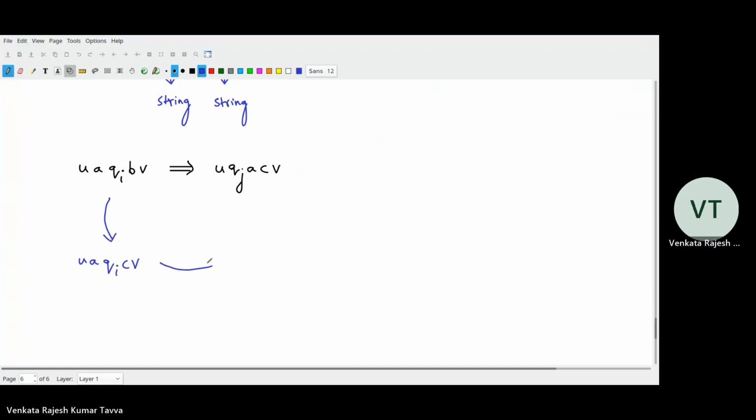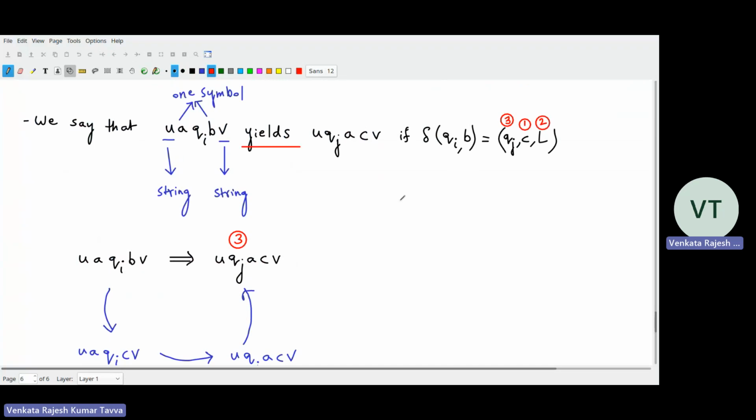Then this pointer moves one step left, so it becomes U QI A CV. Then QI becomes QJ. So in the first step, B is replaced with C. In the second step, QI moves one step left. In the third step, QI becomes QJ. That is what these 1, 2, 3 are indicating.